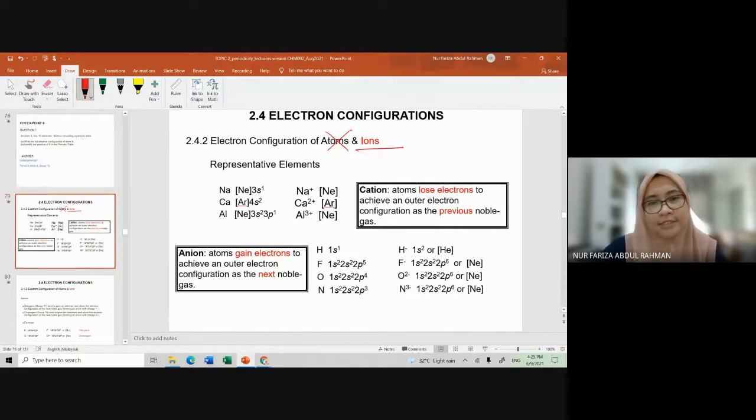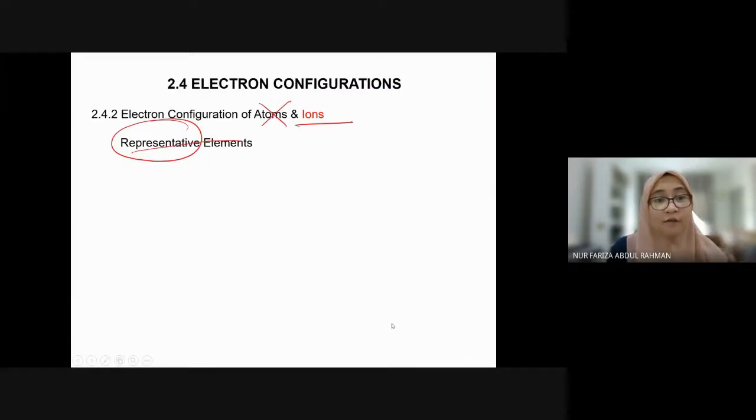Itu sahaja. Okay, alright. Representative element. What does it mean by representative element? Maksudnya elements that come from main group lah, main group elements. That is what we call representative elements. Group 1, 2, 13, 14 until 18. So those are representative elements ataupun main group elements. Okay, for example sodium.